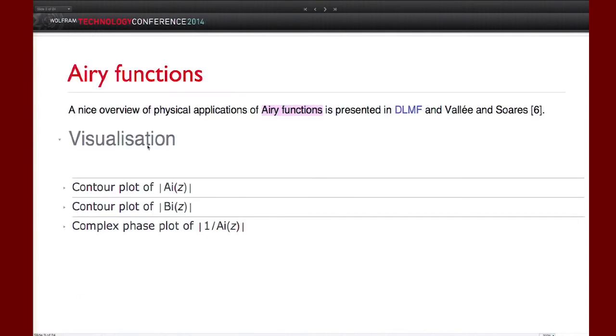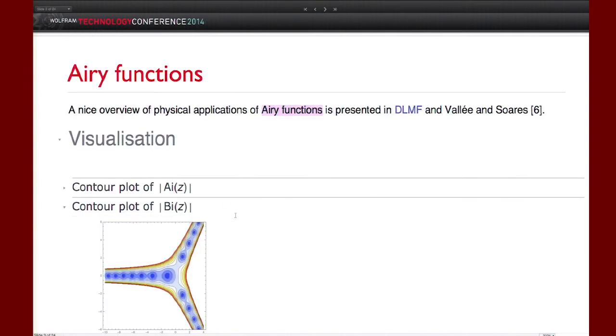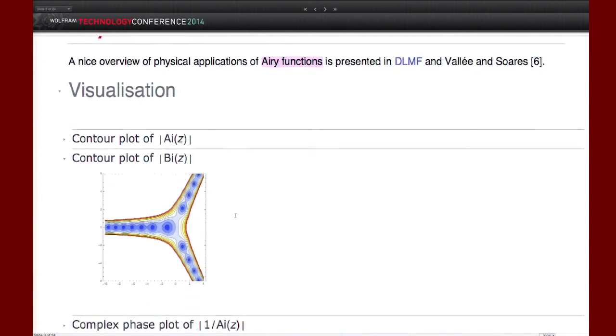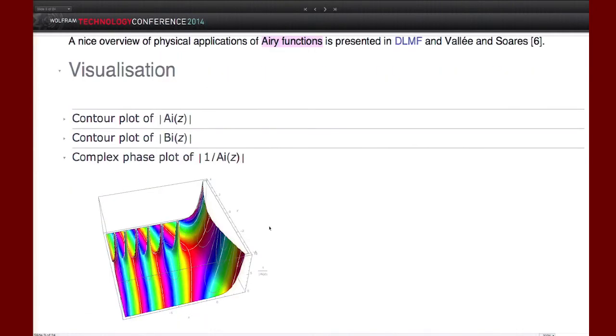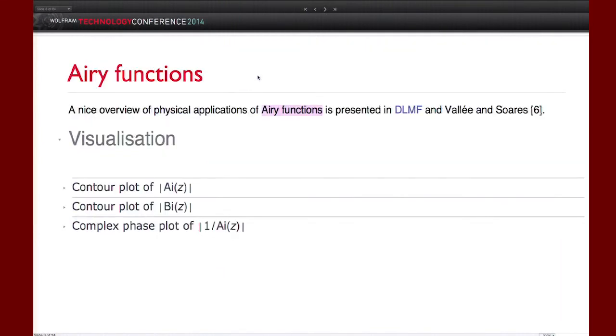That's one type of Airy function. The second type of Airy function is more interesting because it has roots along the negative real axis as well as these two other branches. Or we can do a complex phase plot of 1 over Airy to see the roots of the function quite clearly along the negative real axis here and see the overall structure of the function.